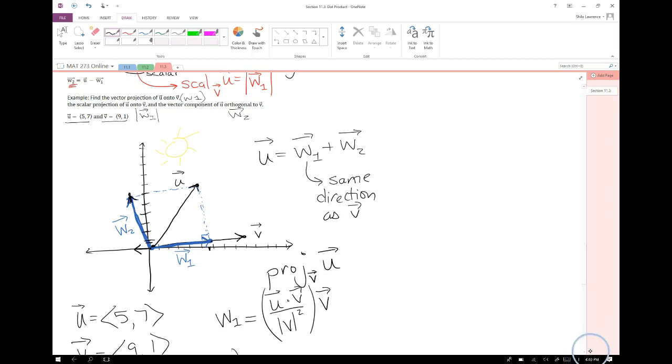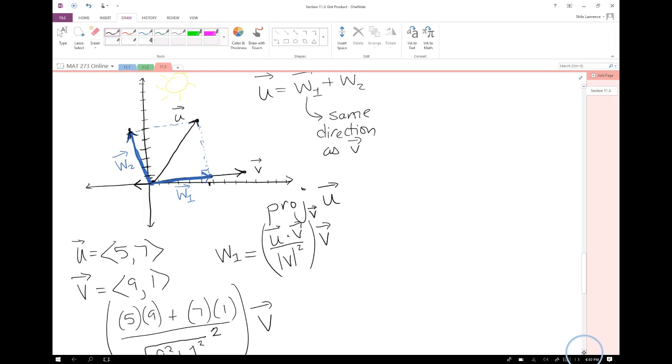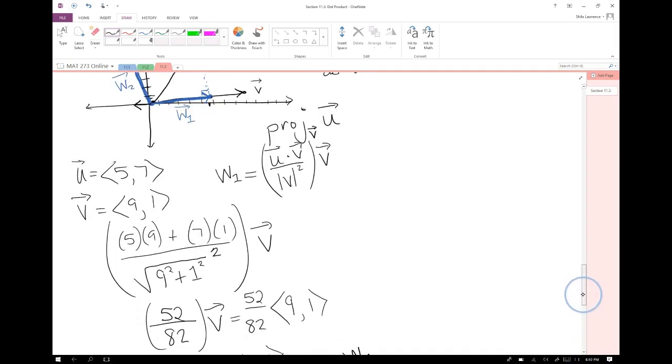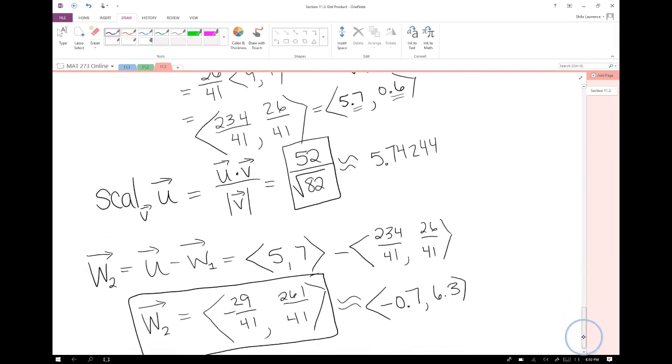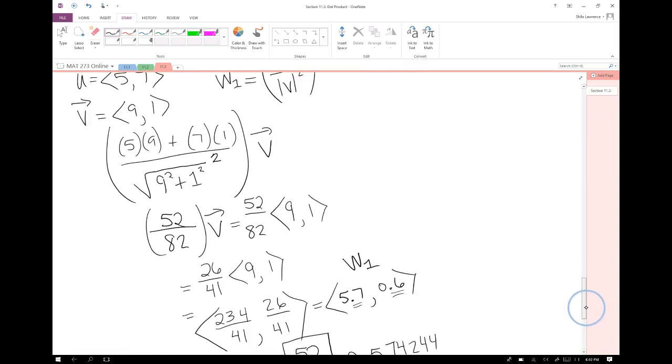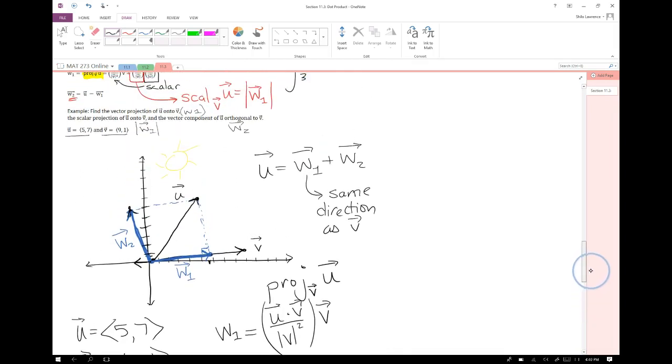Vector projections are notoriously one of the difficult things for students to wrap their heads around. They're doing a whole bunch of calculations. A lot of people have no trouble memorizing the formula, but what exactly is going on and why we're doing it can be really confusing.